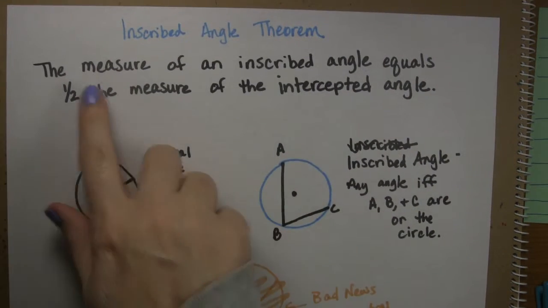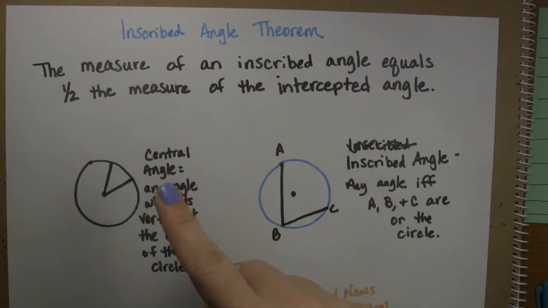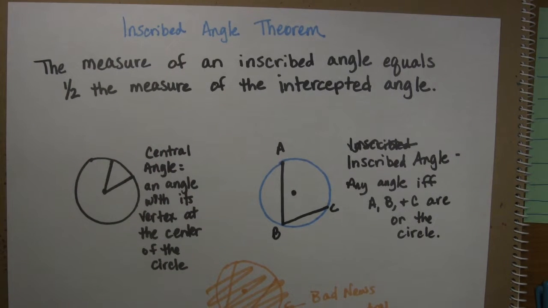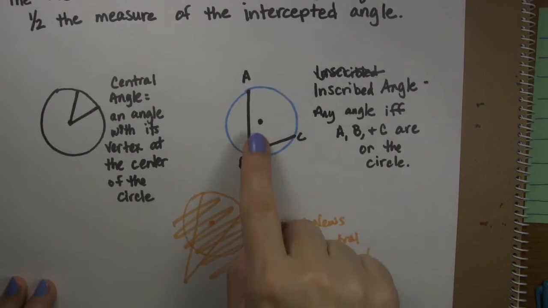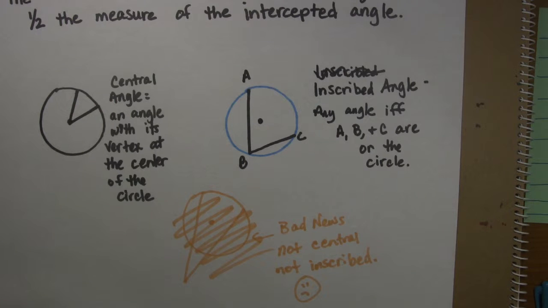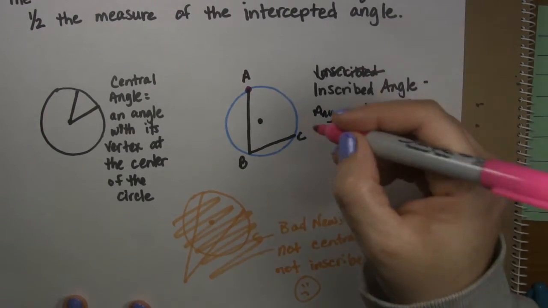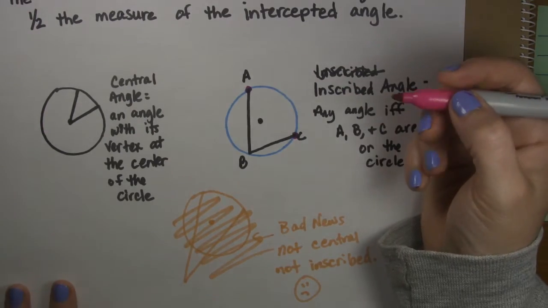Okay, so now we know that the measure of an inscribed angle, hey, we know what that is, equals 1/2 the measure of the intercepted angle. So let's go back to this and talk about what the intercepted angle is. Here's where A hits the circle, and here's where B hits the circle.